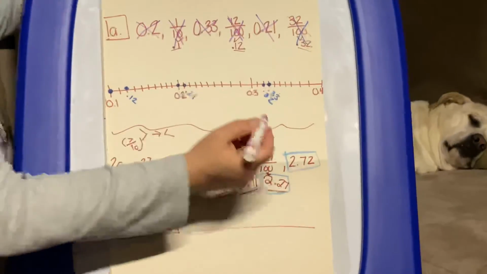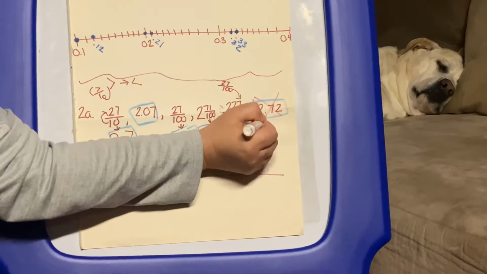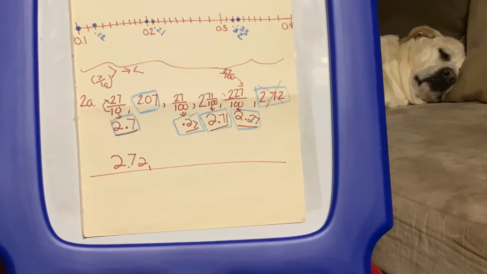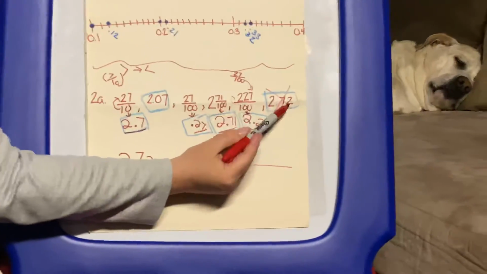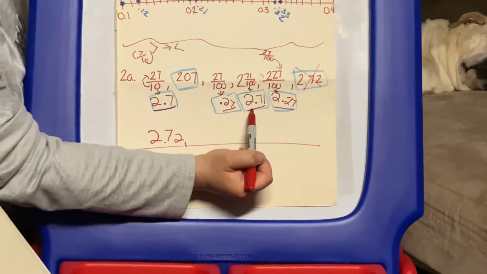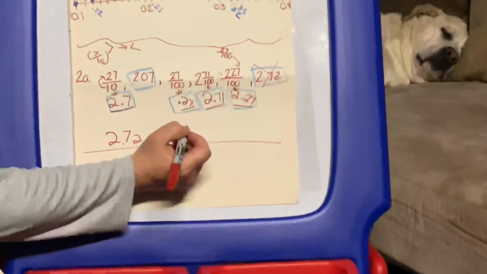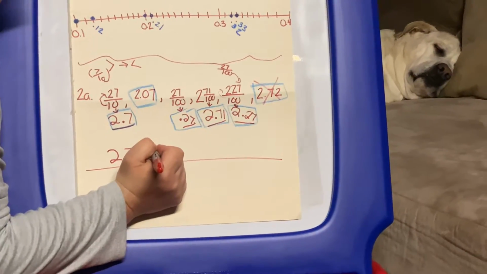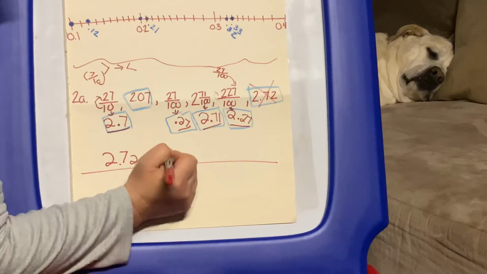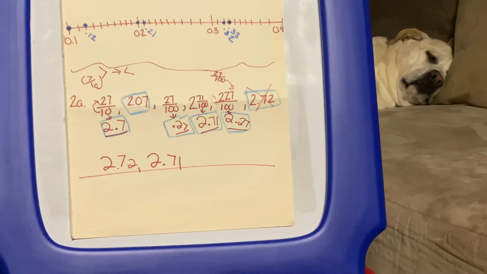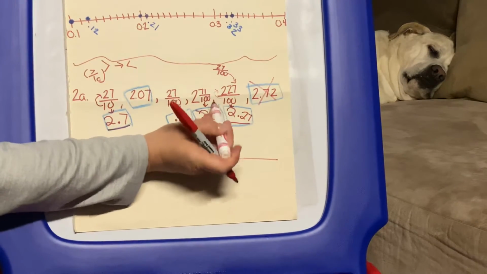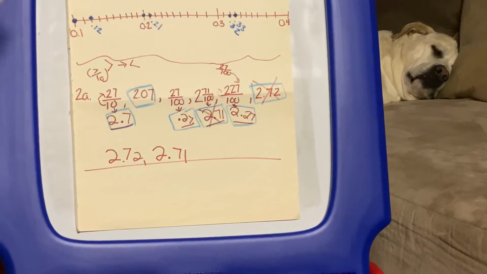Just like we did up there, when you are finished with the number, please cross it off, because it will get very confusing if you do not. Now, we know we were comparing 2.72 and 2.71, so my next one would be 2.71. So I'm going to cross off 2.71 because, again, we used it.